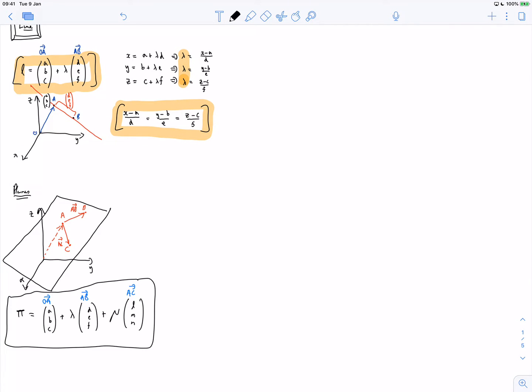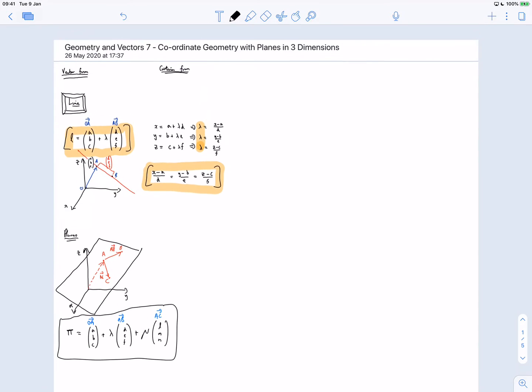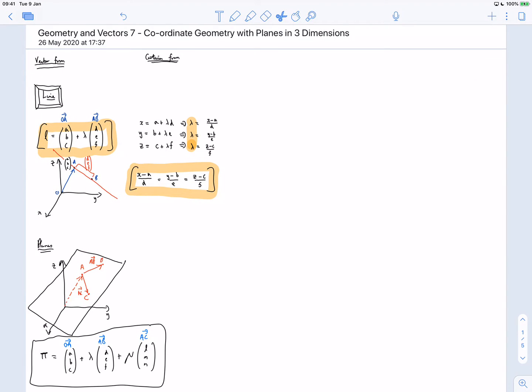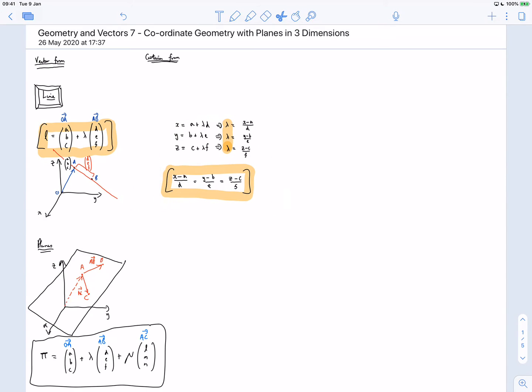Okay, now, there's also something else. What is that? Well, there's the Cartesian form of a plane. And you're probably thinking, what is the Cartesian form of a plane? That's pretty simple.